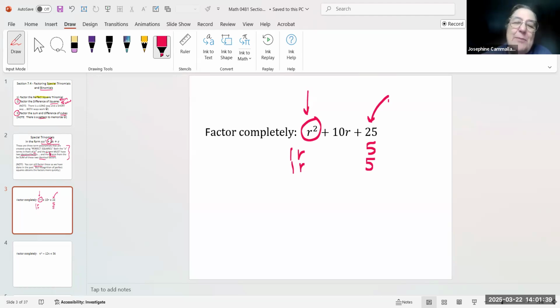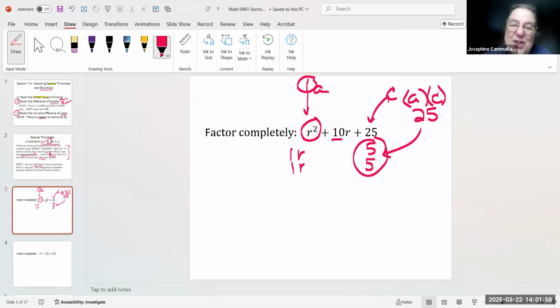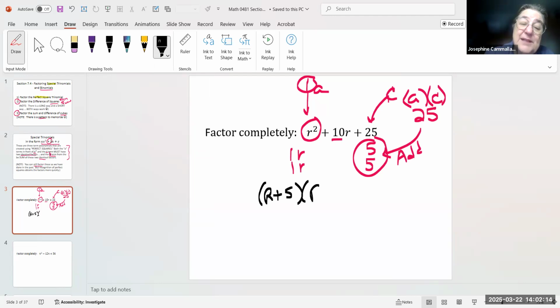If you remember, the a was 1, the c was 25. Remember how we took a times c? Well, we want to get 10. Well, don't these 2 terms add to 10? Yeah. So this is going to give us r plus 5 times r plus 5.